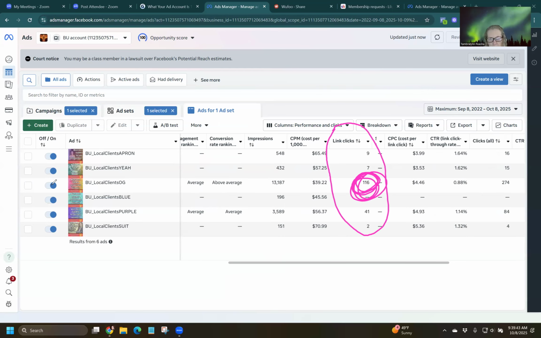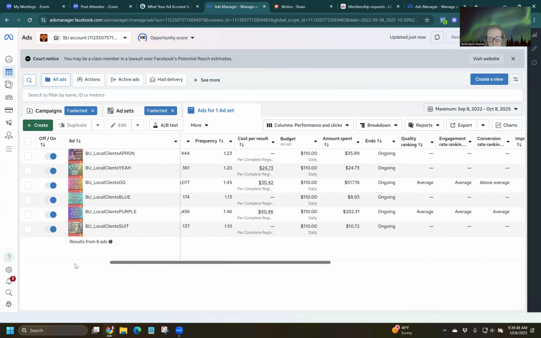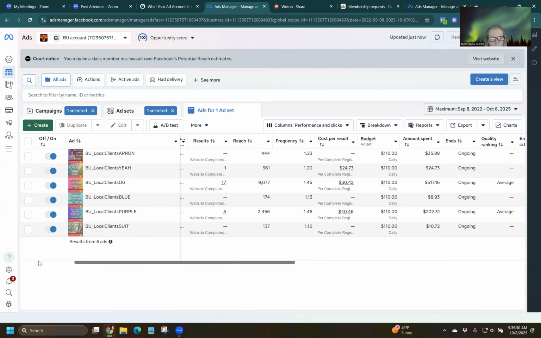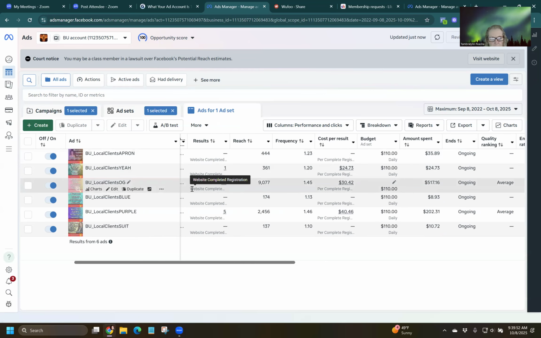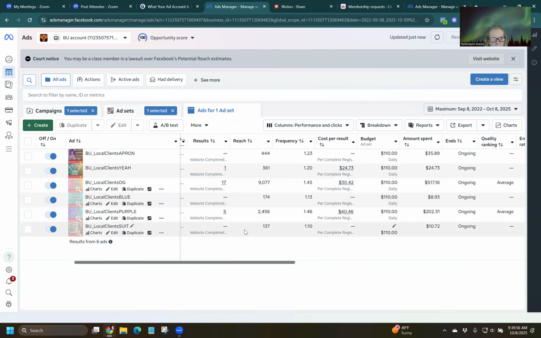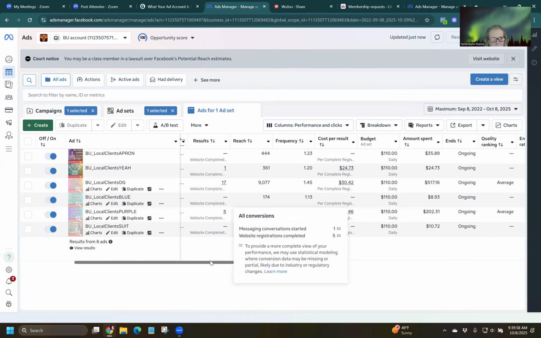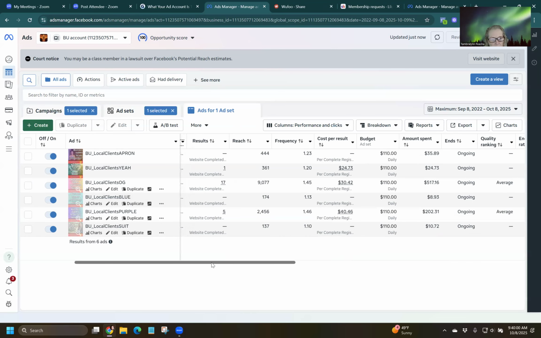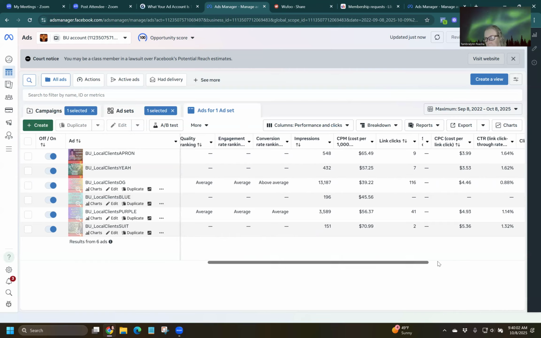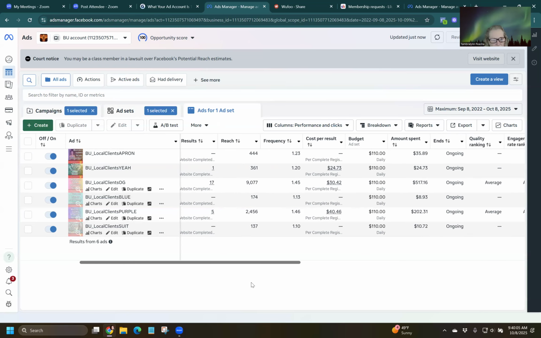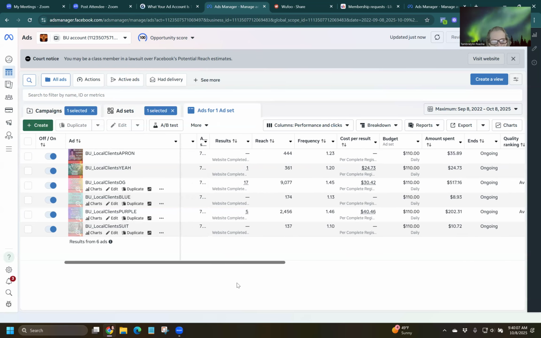And of those 116 people, 17 people gave their email. Out of this one, 5 out of 41. So I'm ultimately looking at that number.